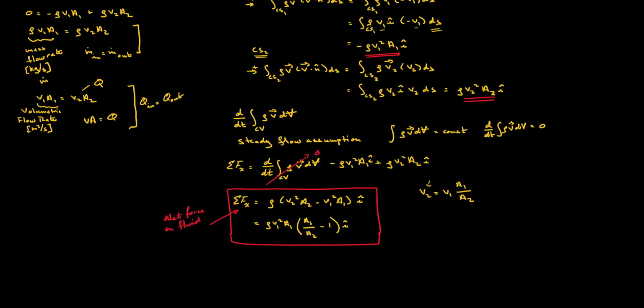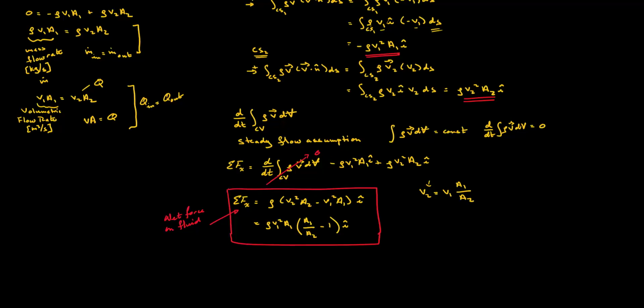From conservation of mass, we were able to find the outlet velocity v2. We also saw that a steady flow assumption tells us that the mass flow rate in is equal to the mass flow rate out. That is, there is no accumulation of mass inside the control volume.